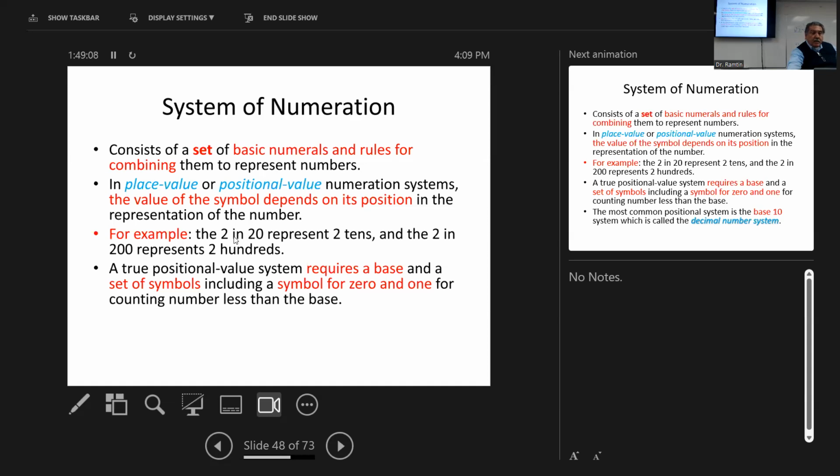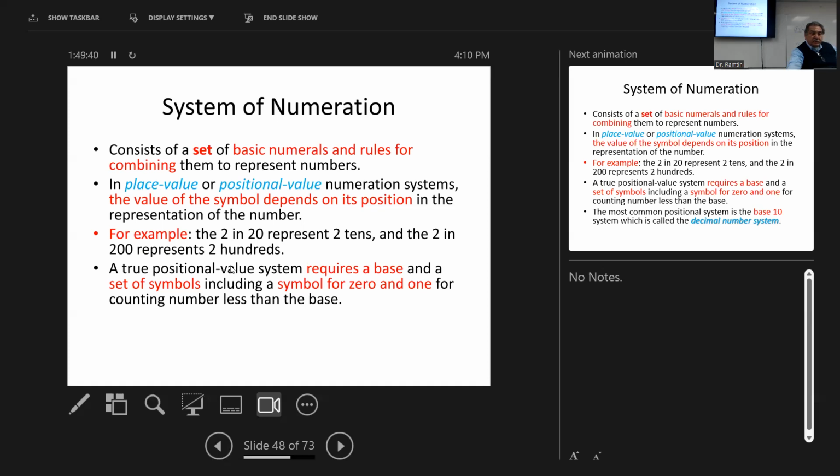For example, look at the number 20. The 2 in 20 represents 2 tens. And the 2 in 200, same 2, but we changed its position, represents 2 hundreds. So our number system is a positional value number system. By changing a digit to a different position, you can have different numbers.